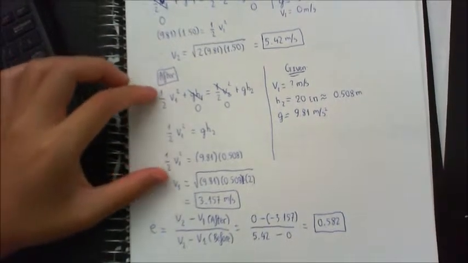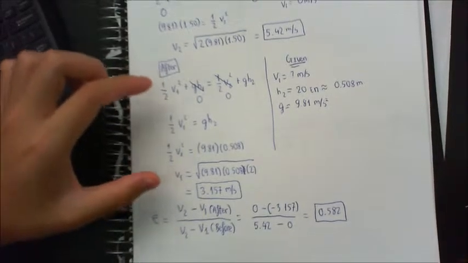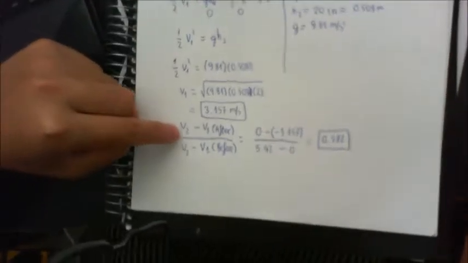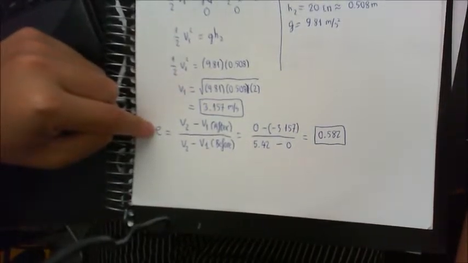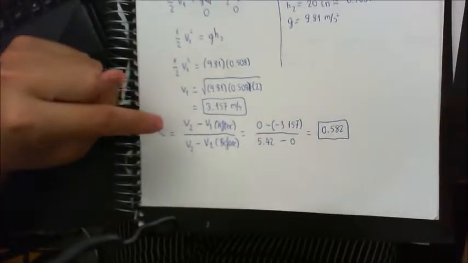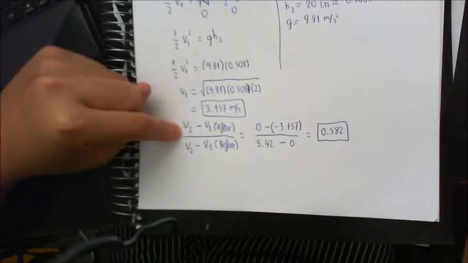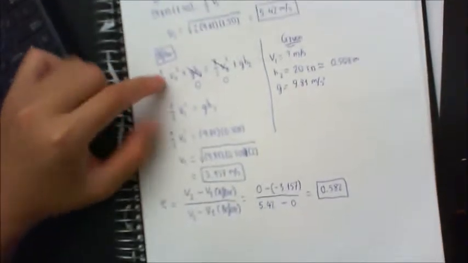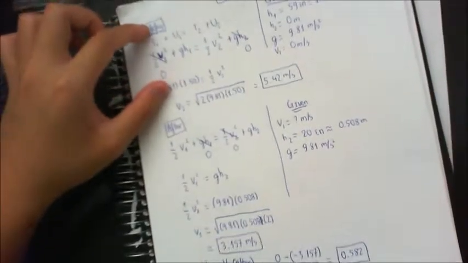Now I'm going to solve for the velocity after the ball hits the ground, because the coefficient of restitution equation requires the velocity after the collision over the velocity before the collision. It's the same process as before.